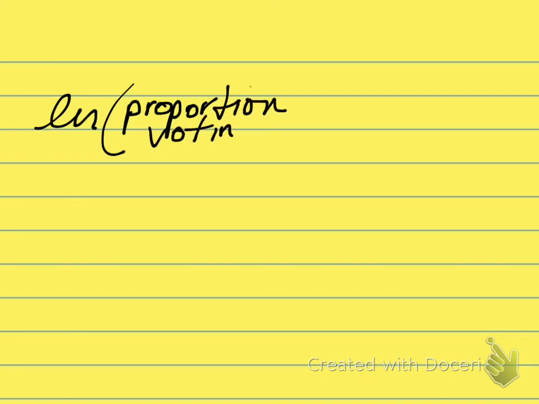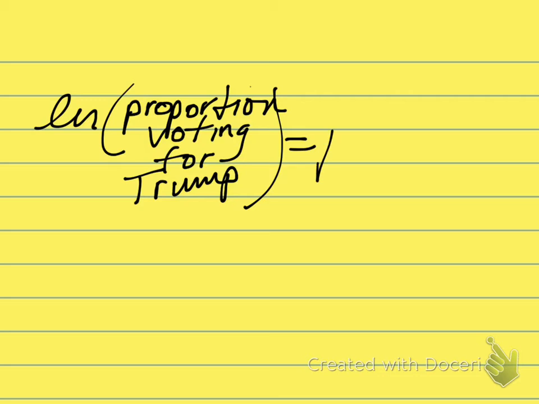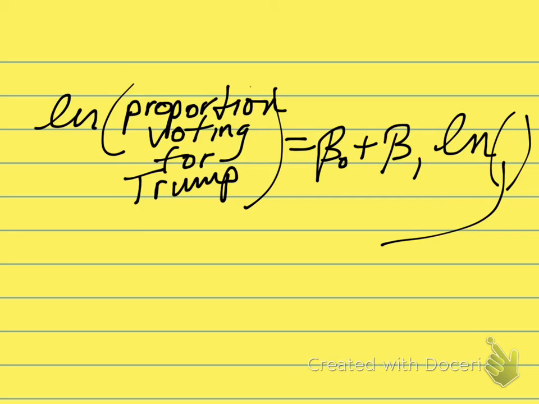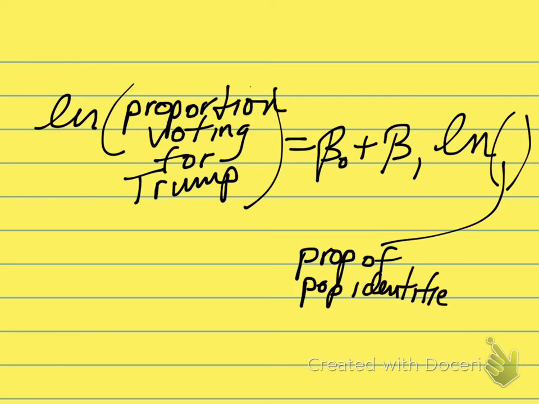The hard ones are, of course, suppose we have the log of the proportion voting for Trump equal to beta 0 plus beta 1 times the log of, in parentheses, an interaction term: the proportion of the population that identifies as white times a dummy variable.